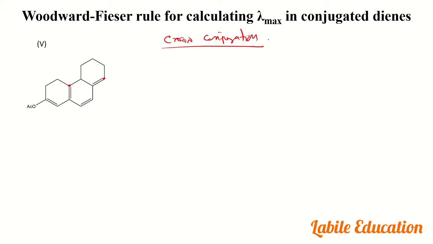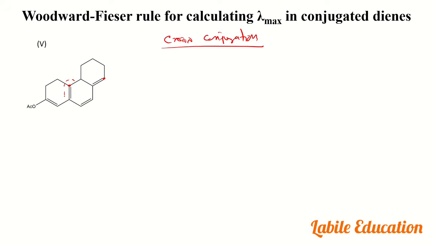So whenever there is a cross conjugation, we will consider the highly conjugated system and highly branched system. You can see here, if we consider this double bond, then only two double bonds will be in the system. But if we consider these bonds, then three double bonds will be there.